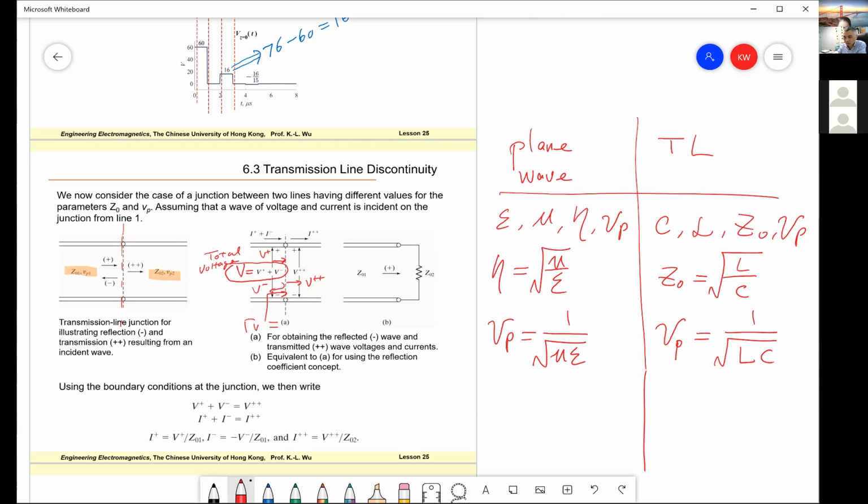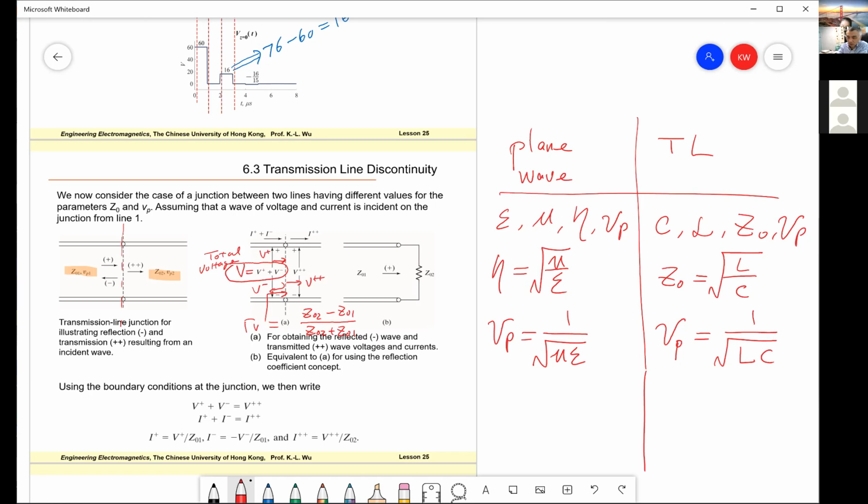What we can expect is the impedance you see minus the impedance of yourself, then you add the impedance you see. So this is the voltage reflection coefficient when you stand in the long line.